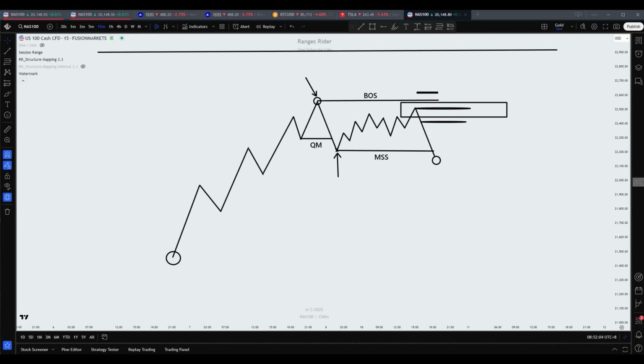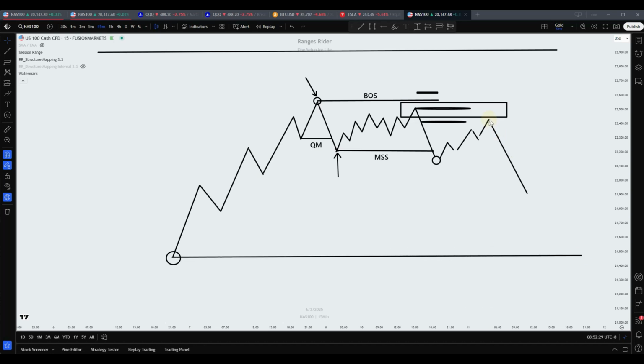And now we are expecting that the price will just go lower. But now the next question is, go lower until where? It doesn't mean that this failure swing and this market structure shift will take the price all the way here.